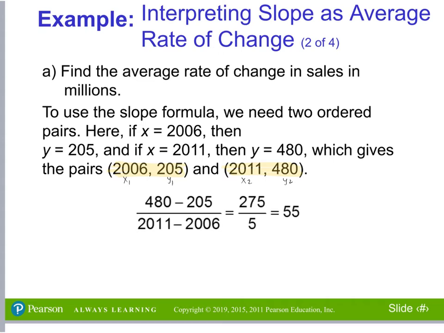So y2 is 480 minus y1, which is 205. So 480 minus 205 is 275, and then x2 is 2011, x1 is 2006, and so subtract those and we get 5. And then 275 divided by 5 gives us an average rate of change of 55.